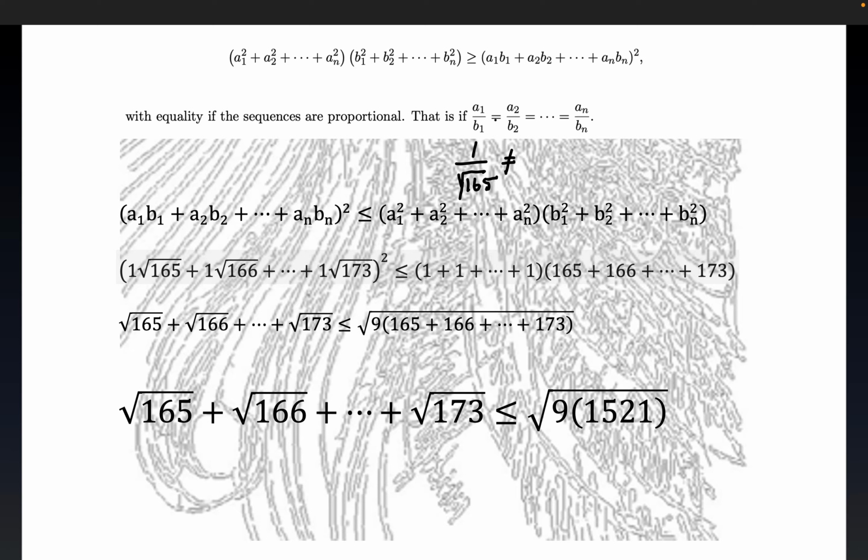So it has to be equal if you want equality to occur in the inequality, and so you have 1 over the square root of 166 right here, and so on. Right? So you see this is the equality condition. It's essentially if all the coordinates are points on the same line. Okay, and if you look at the proof of the Cauchy-Schwarz, you can see why all that's true.